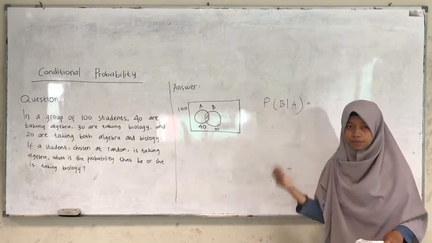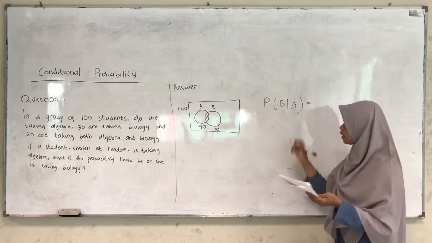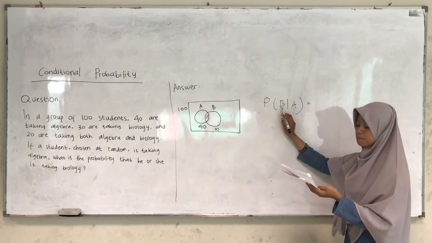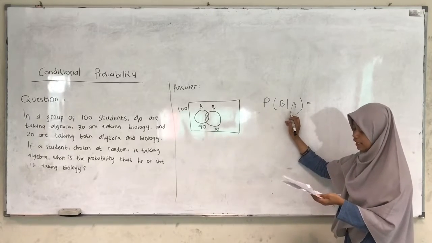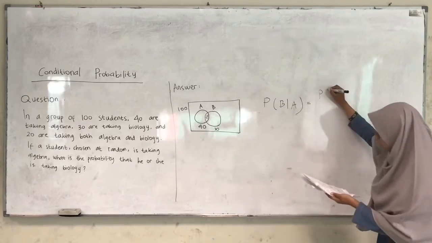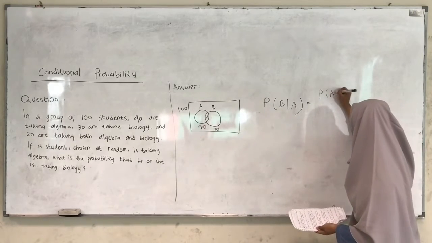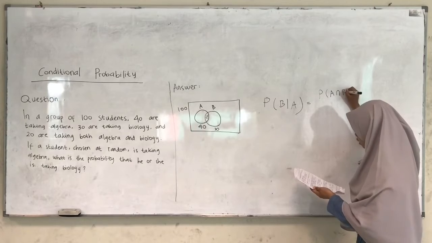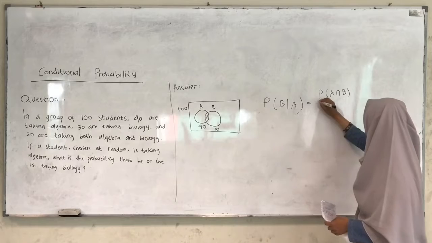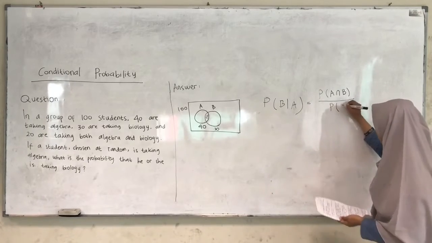The formula is that the probability of B given A is the probability of the intersection of A and B divided by the probability of A.